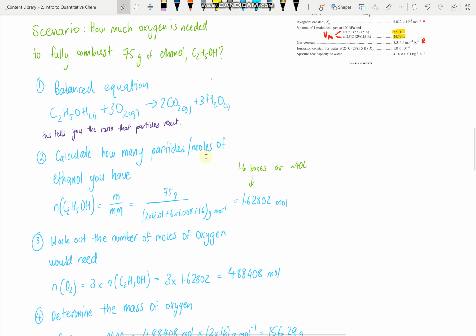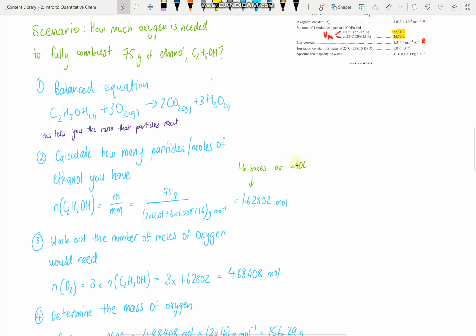You calculate how many particles of ethanol you have. Well, if I have a box of ethanol in gas form, it would weigh close to, I think, 46, the molar mass of that. And so if I have 75 grams, I have 1.6 boxes, so to say, or about 40 liters if it was in gas form.